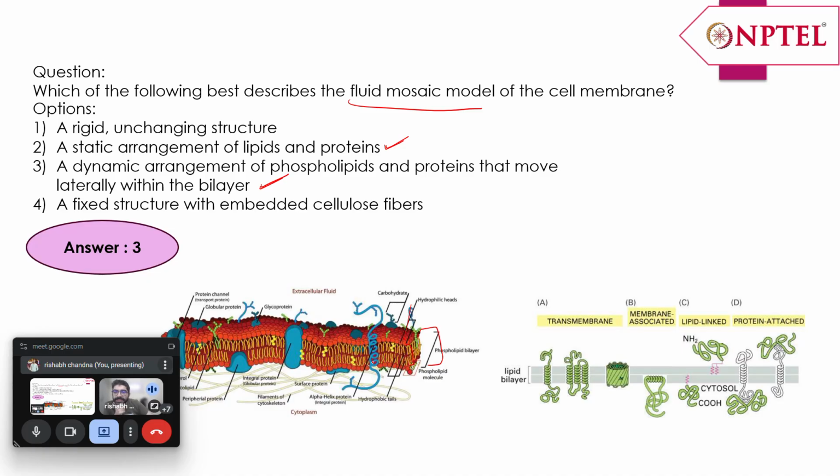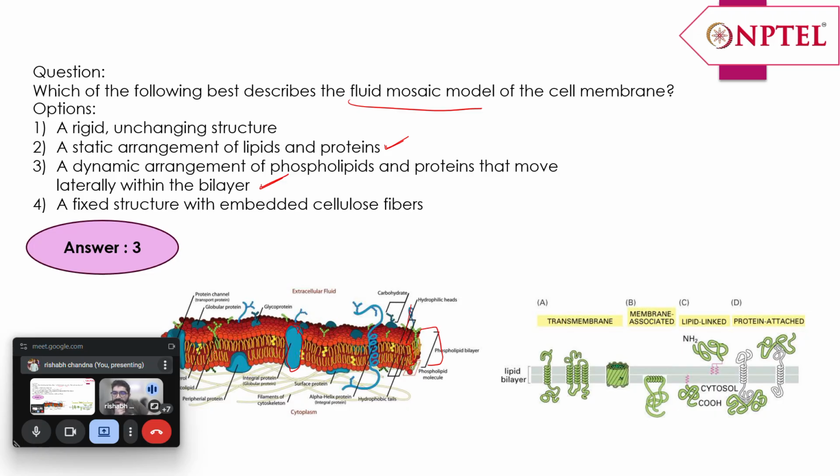Then it also describes the presence of the proteins. There can be multiple types of proteins. That means they are transmembrane like this. So this is an integral protein or a globular protein.